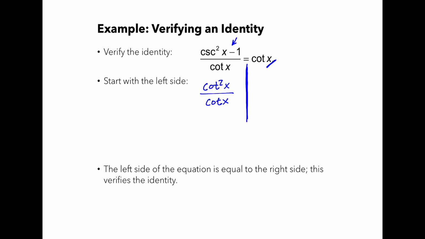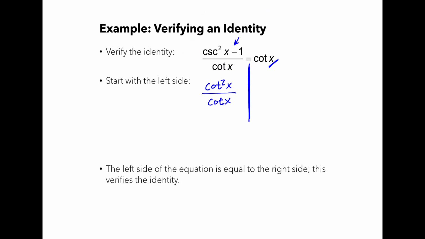And there we have common factors on opposite parts of a fraction. We have two cotangent x's on top and one cotangent x on bottom. So one of these can cancel one of those two, which takes us down to cotangent x. So now my left-hand side is equal to the right-hand side, and we have verified this identity.